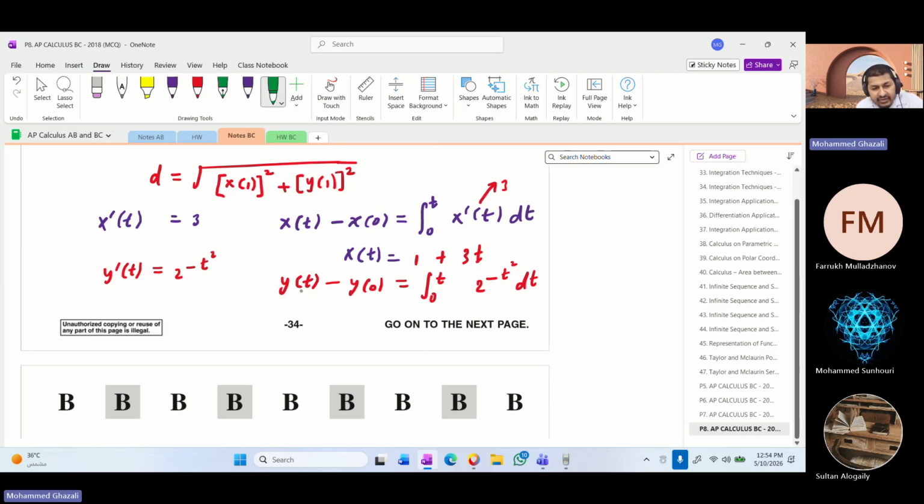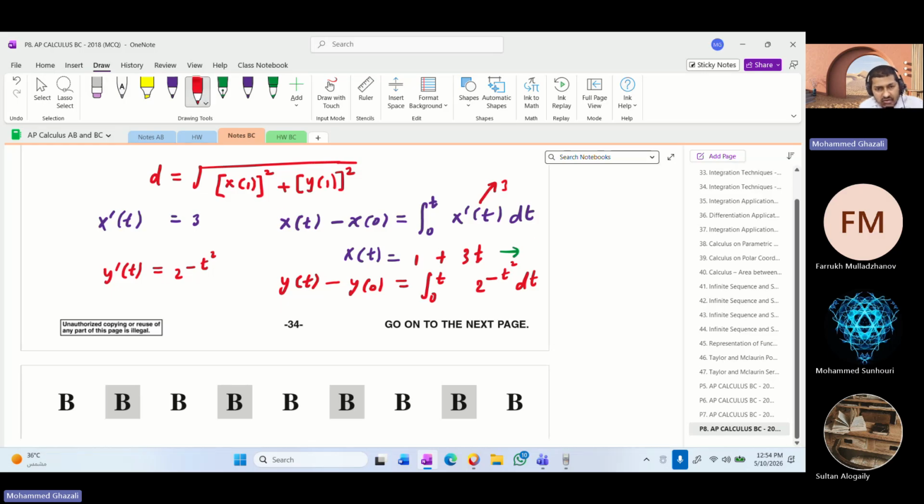Man, we could have just found x of 1 here. Remember they said from 0 to 1, we can just get the value. Why are we doing this? You could have just found the integral from 0 to 1 of 3.